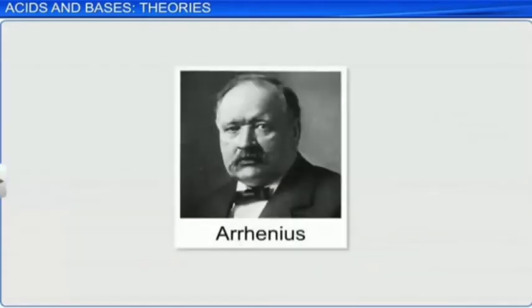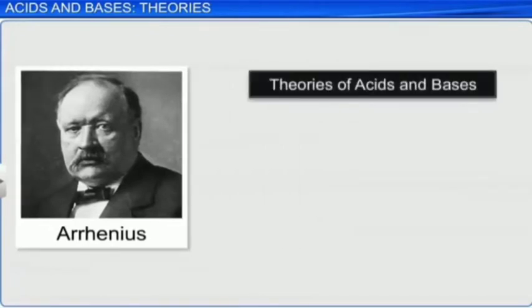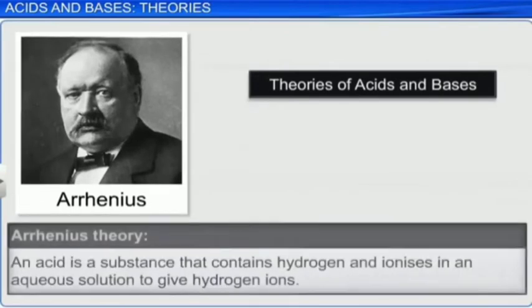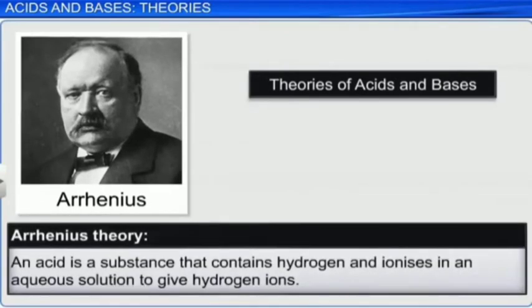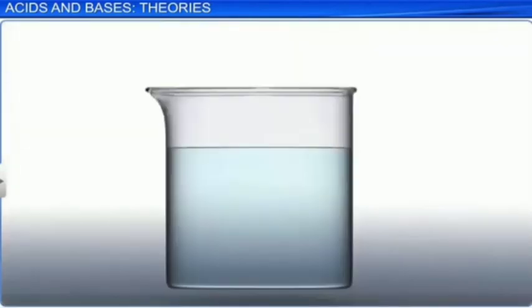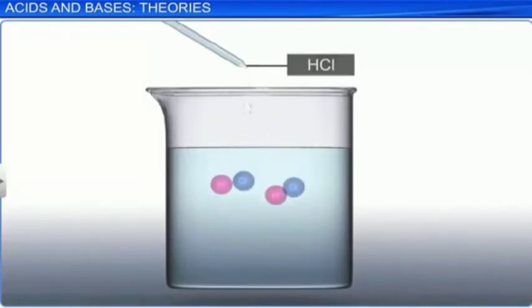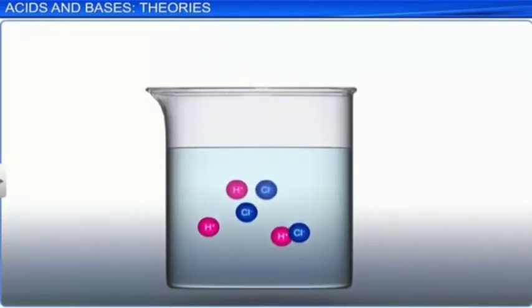Arrhenius gave the first real classification of the chemical nature of acids and bases, which is popularly known as the Arrhenius theory of acids and bases. According to this theory, acids are substances which produce H+ ions in water. For example, HCl contains hydrogen and ionizes in water as H+ and Cl- ions.